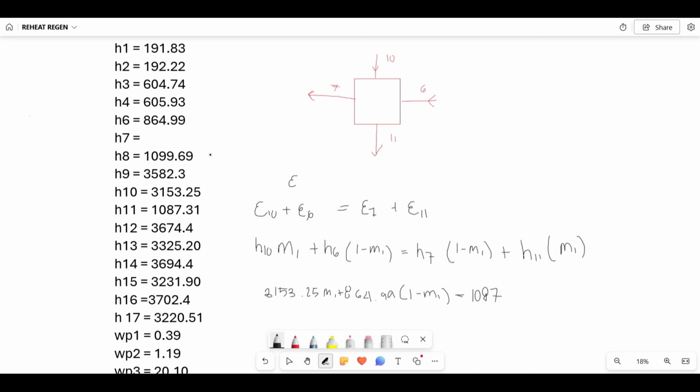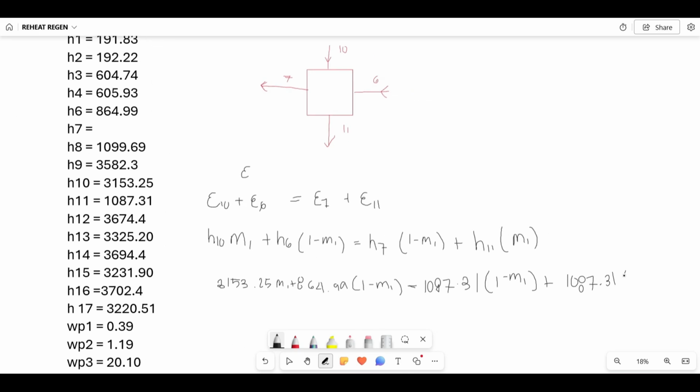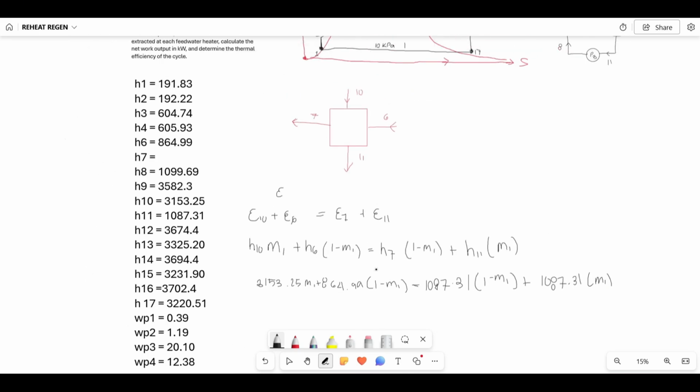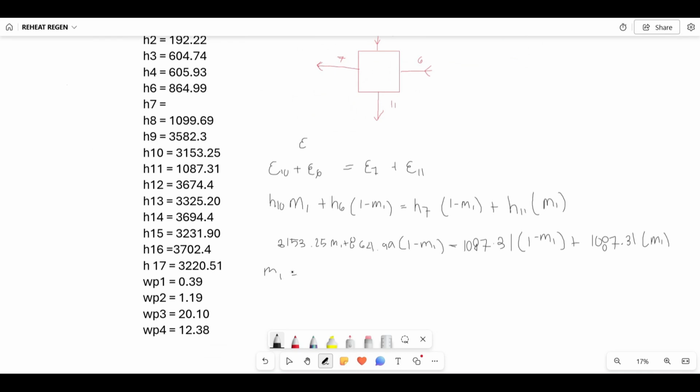So 0.87.31 times 1 minus mass 1, plus H11 is still the same, 0.31 times mass 1. So using your calculators, you can solve for mass 1. So what is mass 1? I'm still inputting in my calculator. We could derive that if you want.